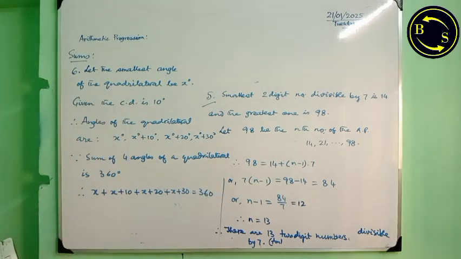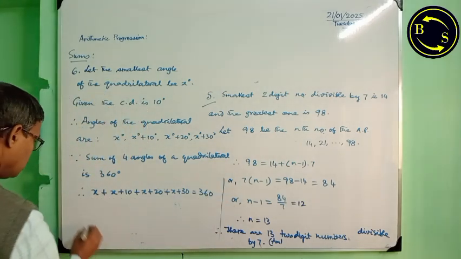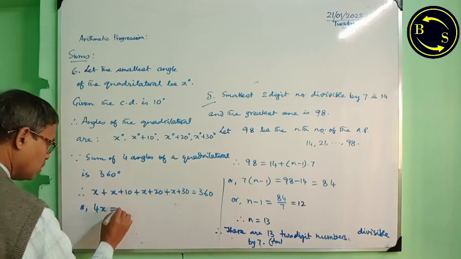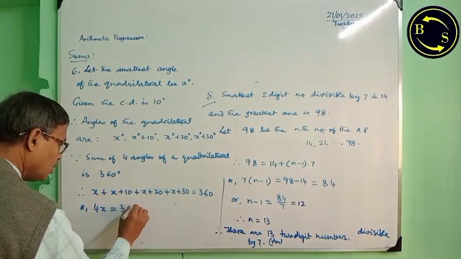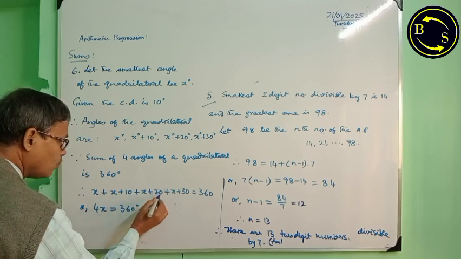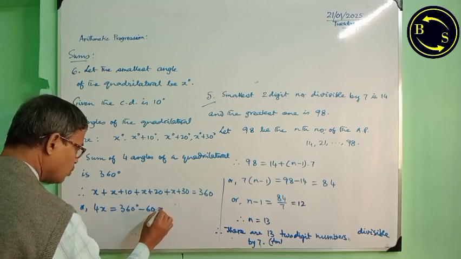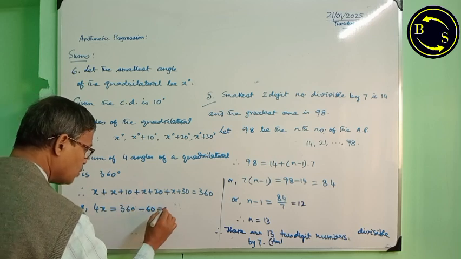I have removed the unit of the angle, or 4x is equal to 360 minus 10, 20, 30, 60 means 300.